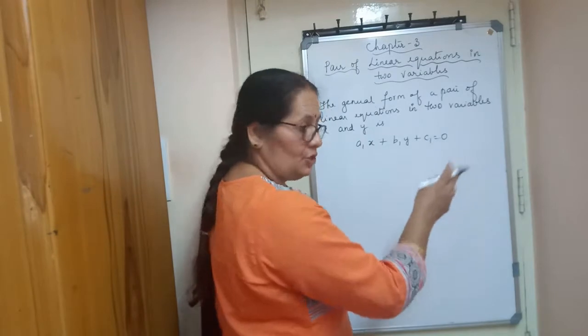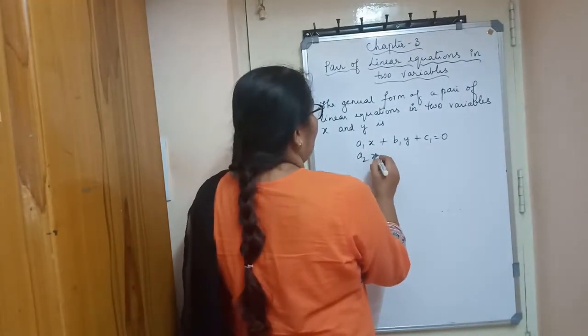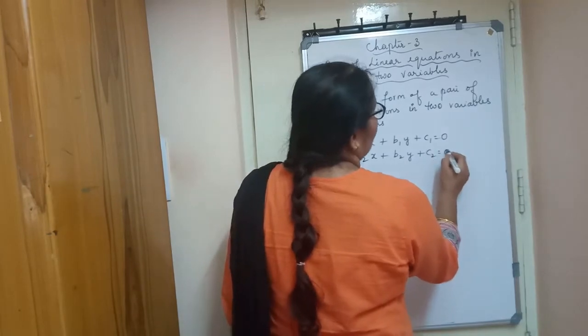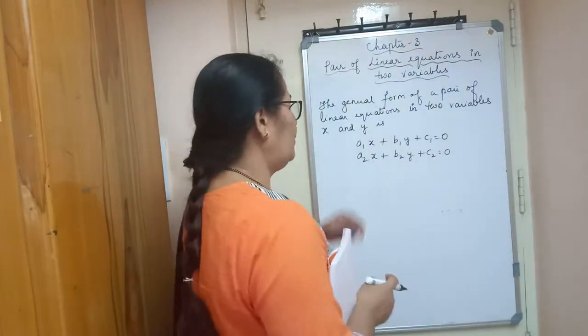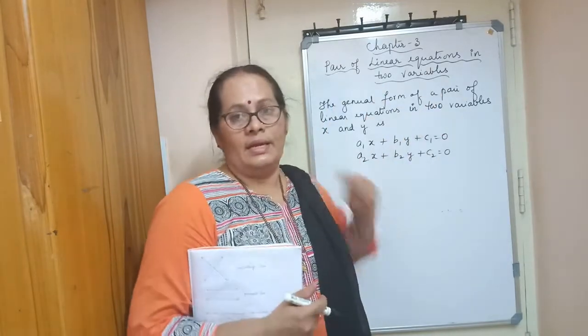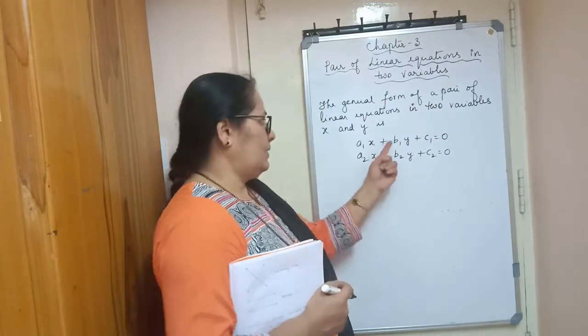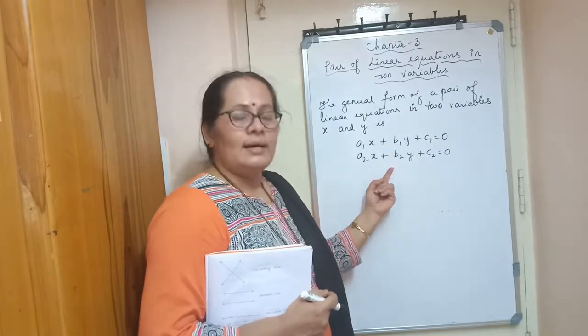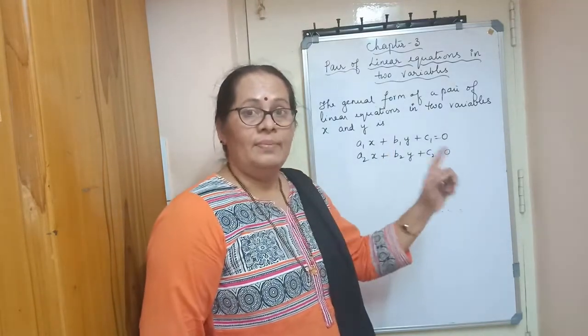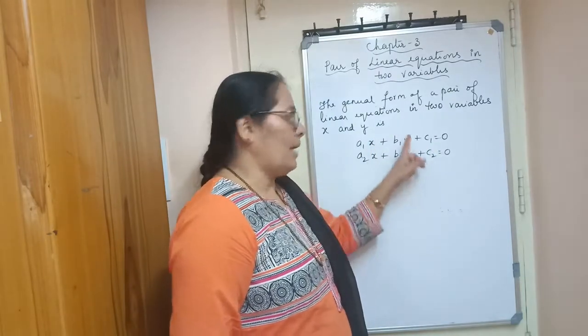This is one equation. The other equation is a2x plus b2y plus c2 equals 0. So, two equations together we call a pair of linear equations. But in both cases, the variables are the same, x and y.